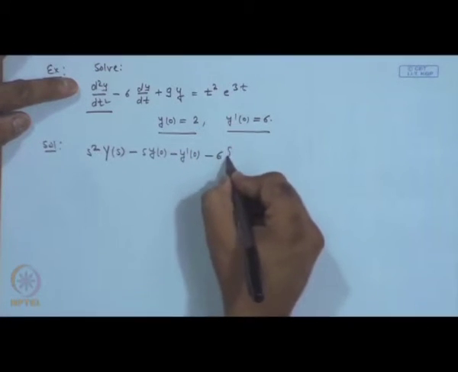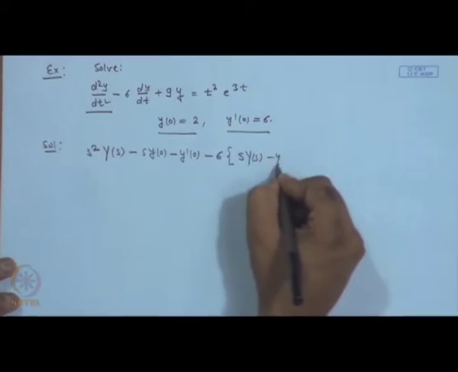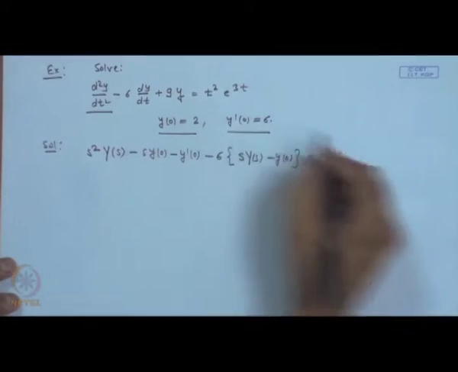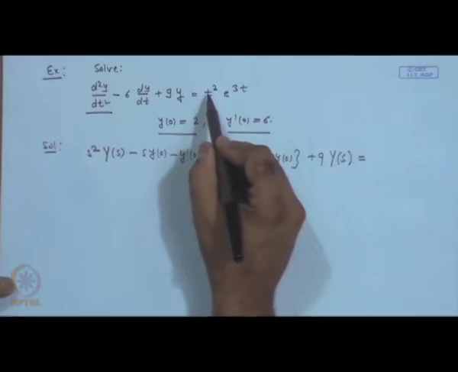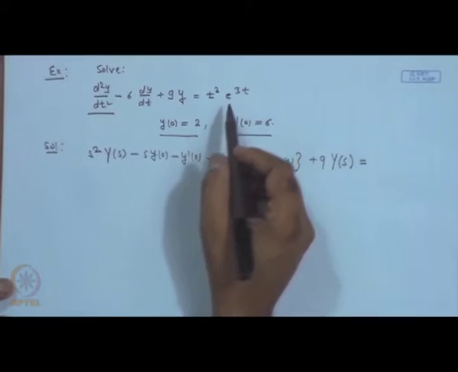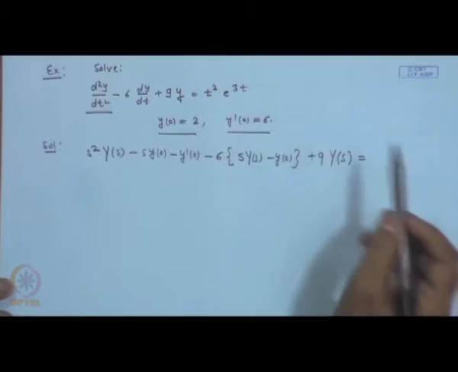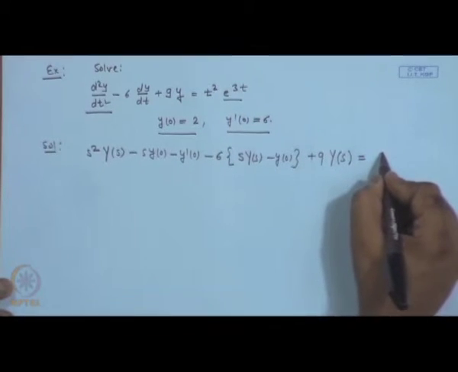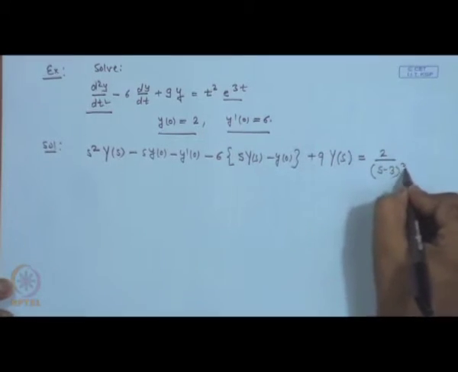And minus 6 times, using the derivative theorem again, s Y(s) minus y(0), and plus 9 Y(s), equal to the Laplace of t square e to the 3t. So, we use the first shifting property. The Laplace of t square is 2 over s cube, and then with e to the 3t the Laplace will be 2 over (s minus 3) cube.